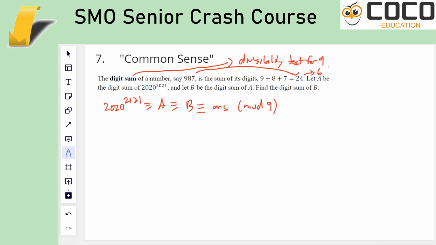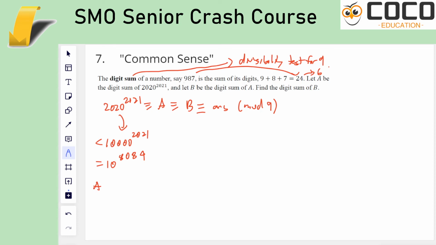So to use a very crude estimate, 2020 to the power of 2021 is less than 10,000 to the power of 2021, which is 10 to the power of 8,084. So it has less than 8,084 digits. Terrible estimate, I know, but I'm just trying to get the point across.